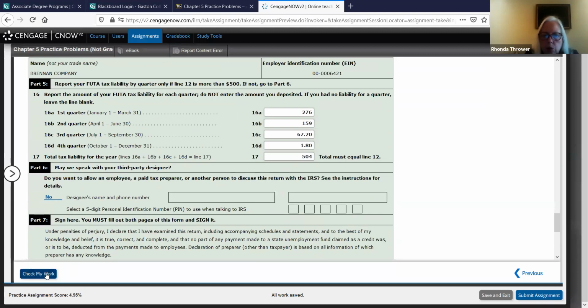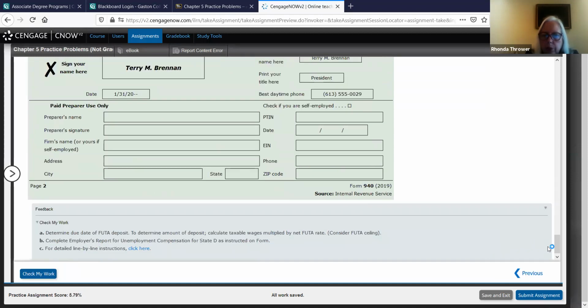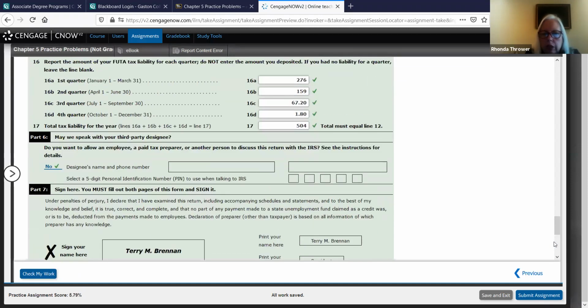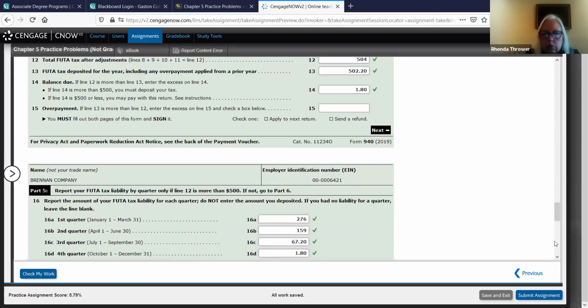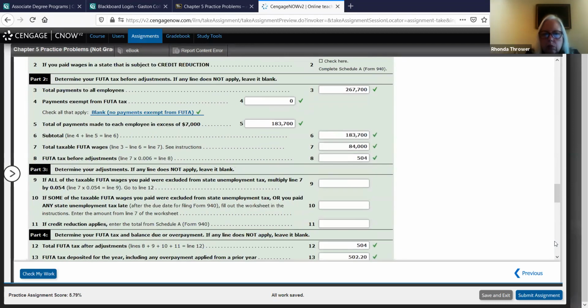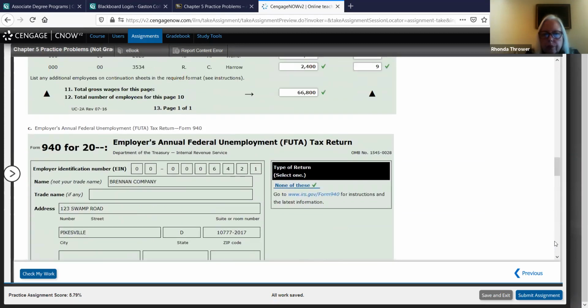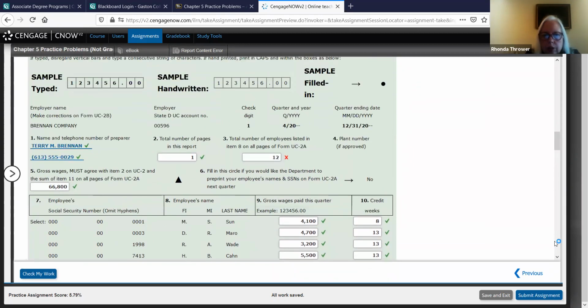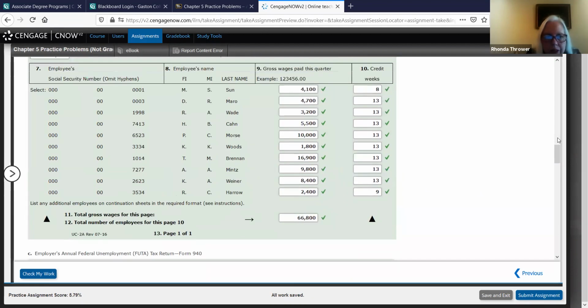And I'm going to click check my work, and I'm going to review what I put in just to make sure everything is correct. Right, I must have counted the number of employees wrong there. So total number of employees listed in item 8.